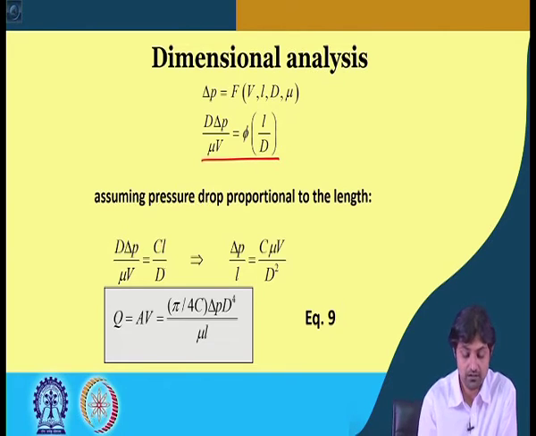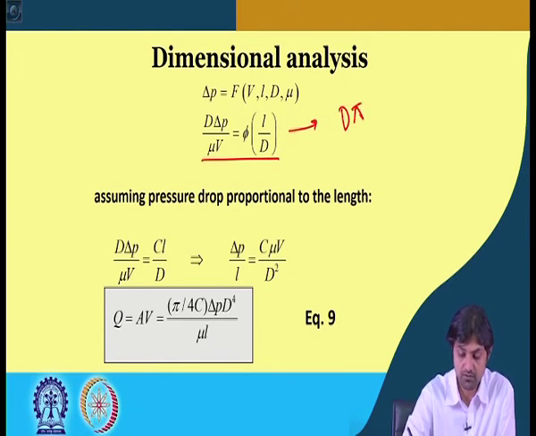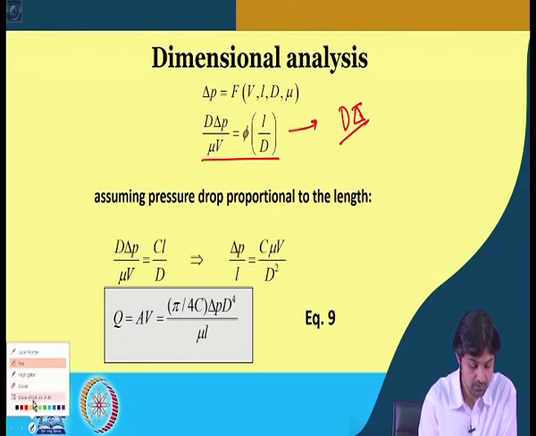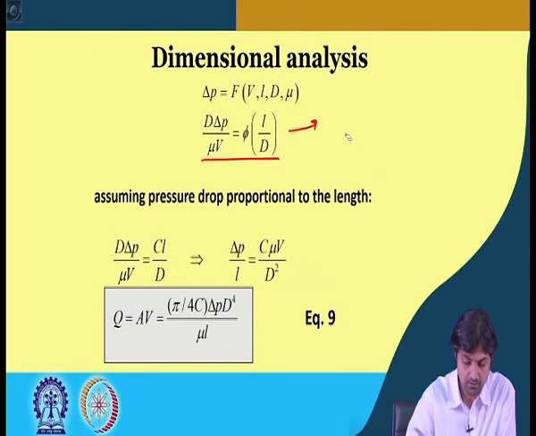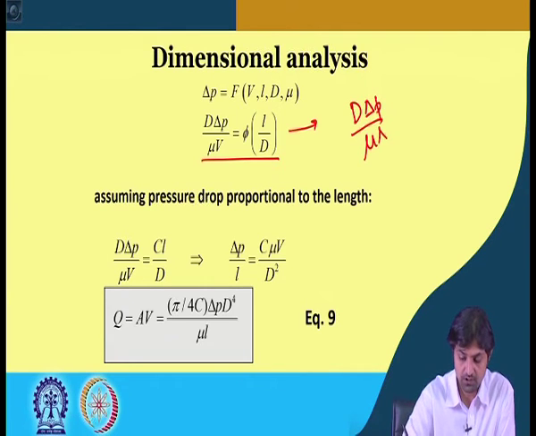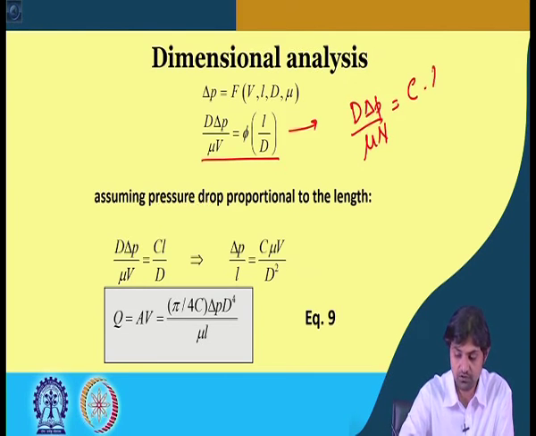All right. So d delta p by mu v is some function of L by d, but we say proportional to the length, so we write constant c into L by d, this equation.